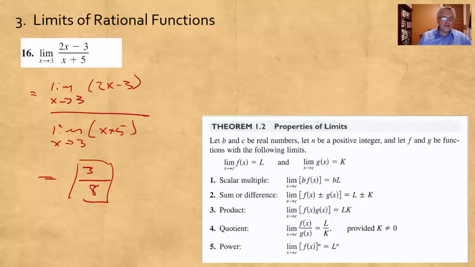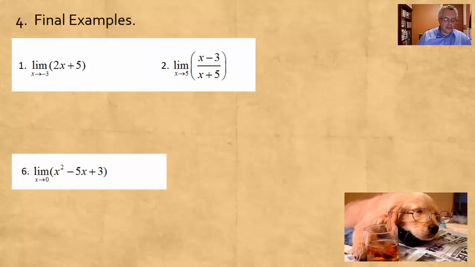All right, this is absolutely the last slide, so I'm not going to break it down anymore using the properties of limits. I'm just going to use the fact that if it's a polynomial function, the limit is equal to the actual value of the polynomial. So this would just be 2 times 3 plus 5, which is 11. Very easy, we just have to evaluate it. So, same thing down here. Let me do this one. This is a polynomial function, okay?